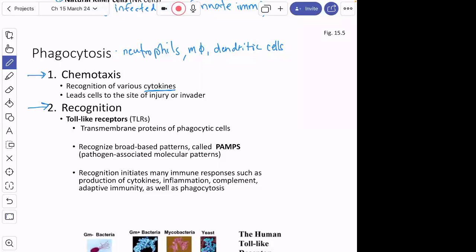And we think the main mechanism for that is these receptors on the outside of macrophages, neutrophils, and dendritic cells called toll-like receptors. That name is not intuitive. It comes from a German word, toll, and they're called toll-like receptors because Toll was originally discovered in fruit flies.